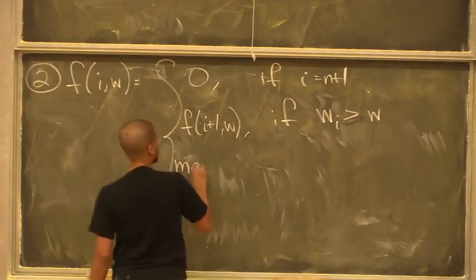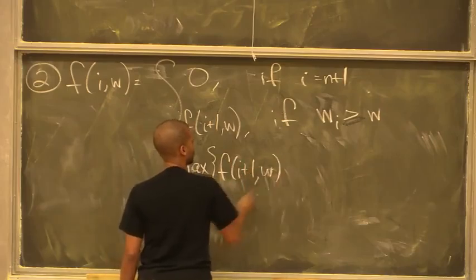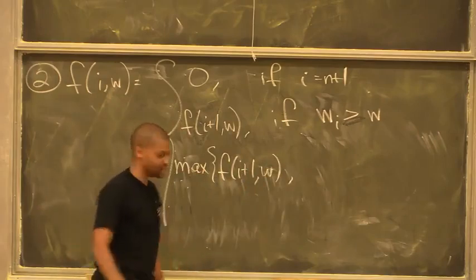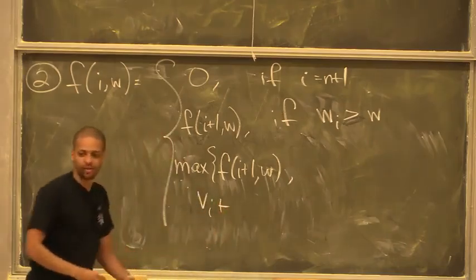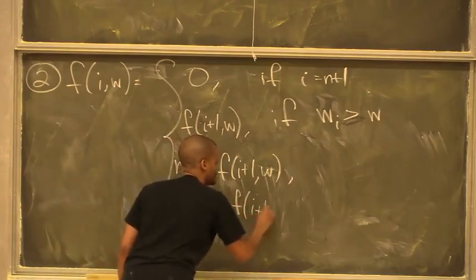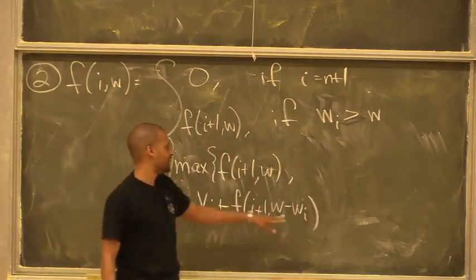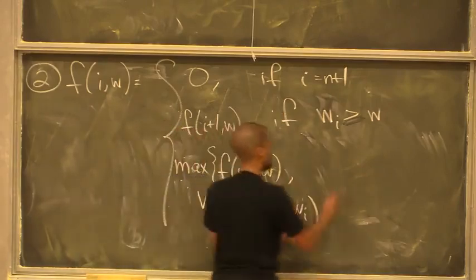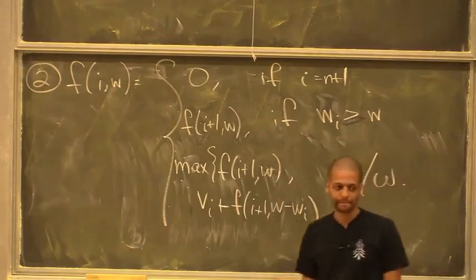So it's the max of f of i plus 1, w, that's not taking the item. And the other possibility is that I do take the item, and then I get its value, v i, and then I get the value from packing what's left optimally, which is f of i plus 1, w minus w i. Because I packed item i, so I have w i less capacity in my knapsack now. And that's otherwise. Okay?